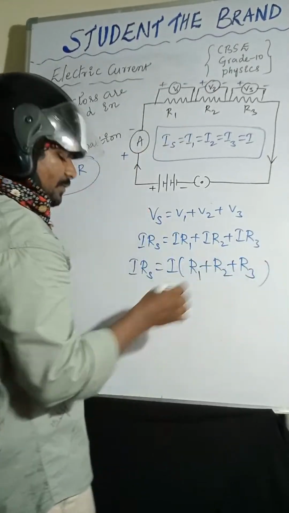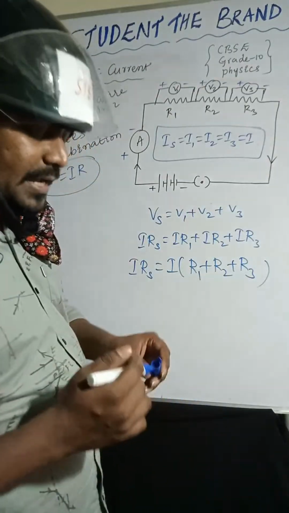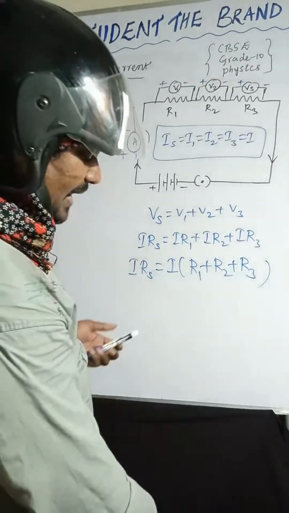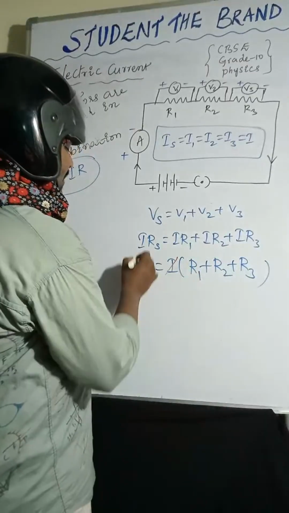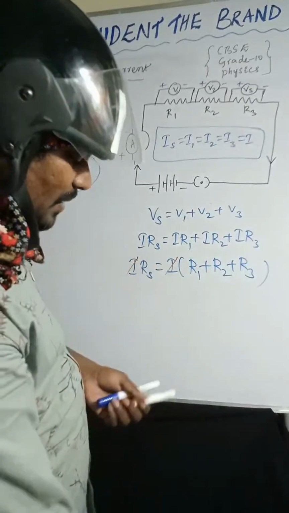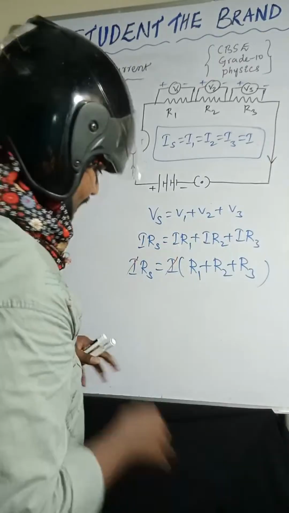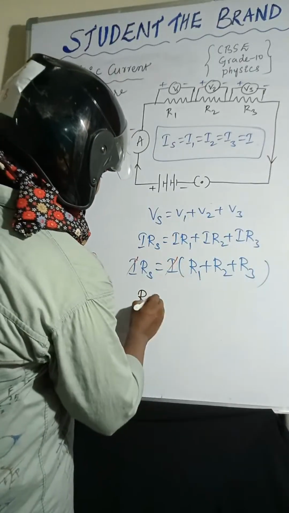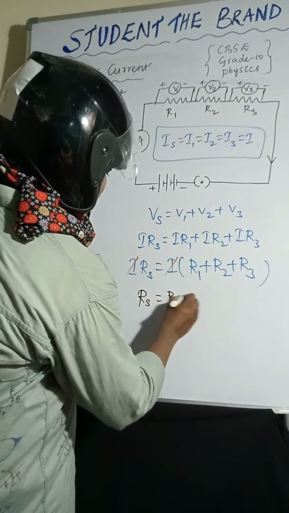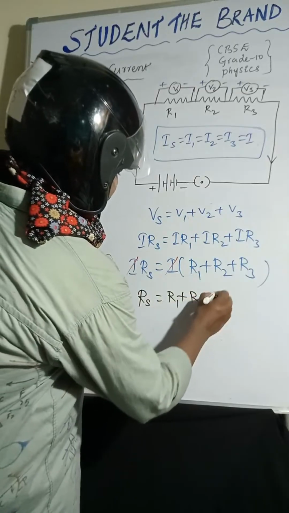Now I cancels on both sides. Then the formula is Rs equals R1 plus R2 plus R3.